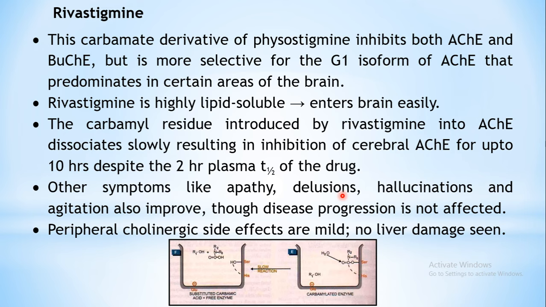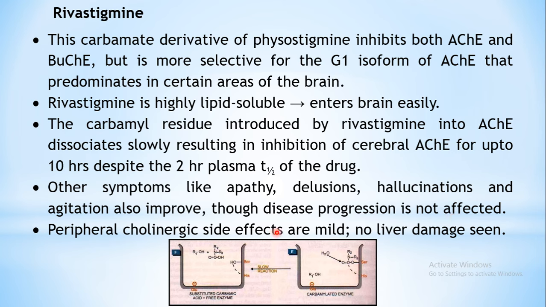You have certain false beliefs of your own which are actually not correct. That is the meaning of delusions. Hallucinations and agitation may also be improved. These symptoms may be improved, but again disease progression is not affected. The basic pathology may not be affected, but it will show symptomatic improvement.